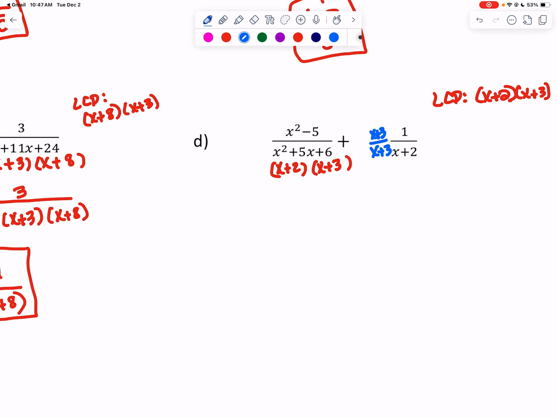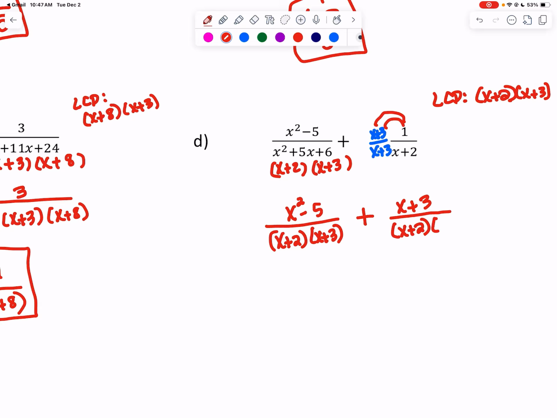So when I rewrite this, I'm going to have x squared minus 5 over x plus 2, x plus 3. On the second fraction, if I multiply 1 by x plus 3, I'm just going to get x plus 3.